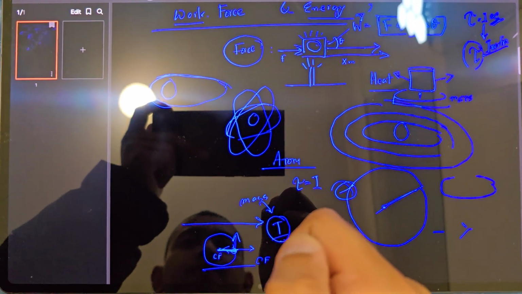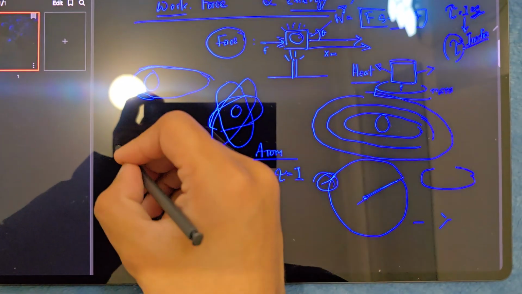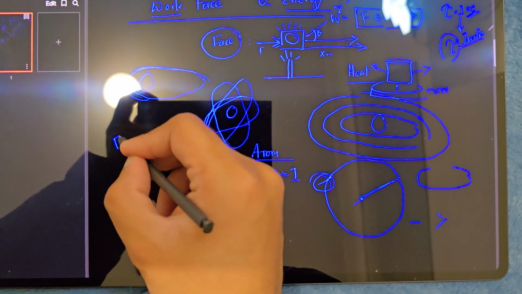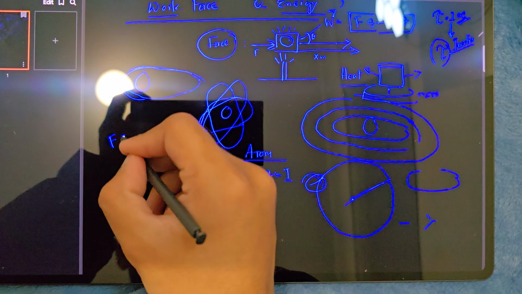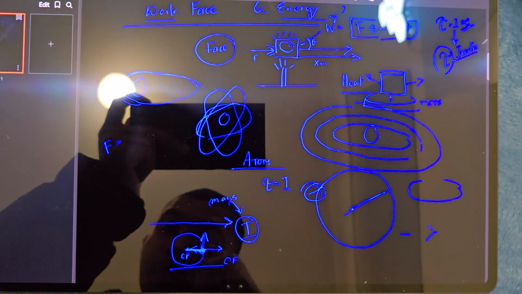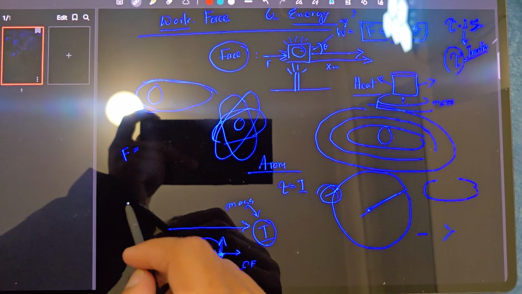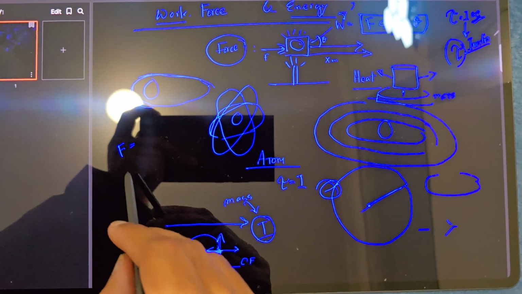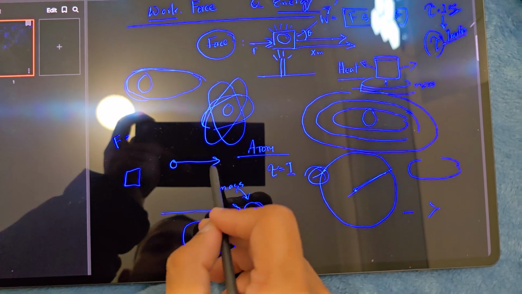Force, on the other hand, is also very simple and easy, but we have to study a little bit. There are 3 laws of force that we know about. First law: if an object in the universe does not feel any force, then the still object stays still and the moving object keeps moving.